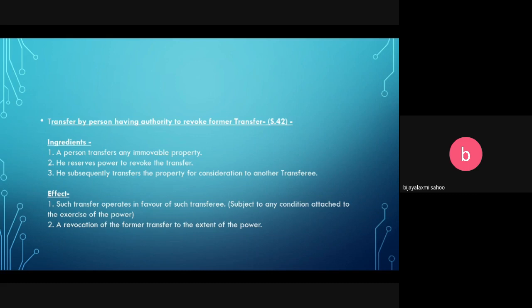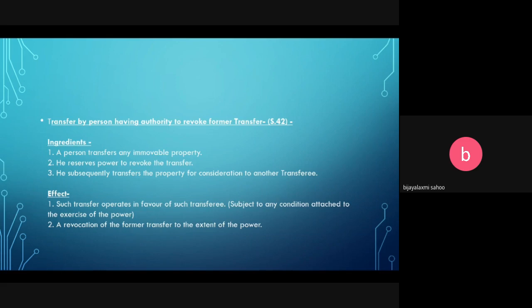And then I probably thought that he is doing something wrong, and I sold that property, or I rented that property to another person, that is another person C. So in that case, it will be presumed that such further rent has taken place. Now the subsequent transferee will get it free from any problem because of the fact that I had reserved that power to revoke the transfer.